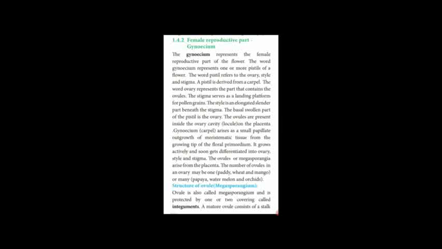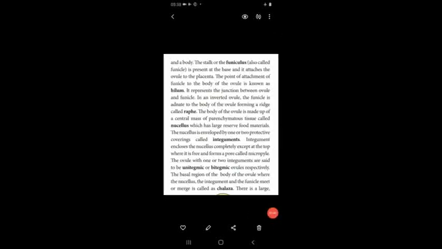That means the outermost layer of the ovule is protected by 2 covering layers called integuments. The mature ovule consists of a slender stalk-like portion and a body. The stalk of an ovule is named funicle or funiculus. With the help of this stalk, the ovules are attached to the placenta.